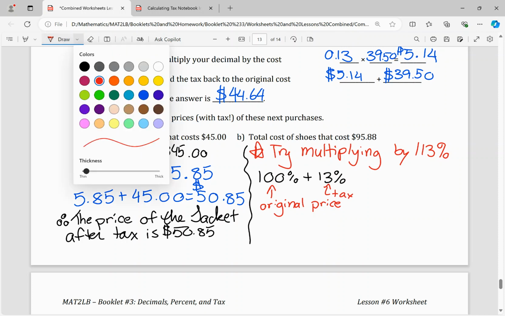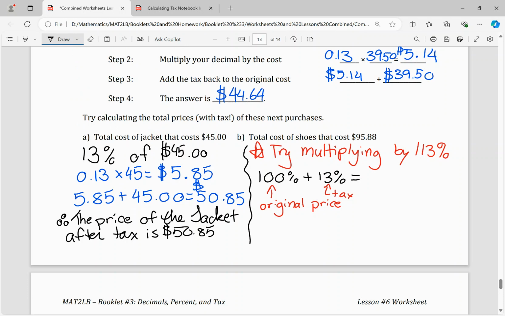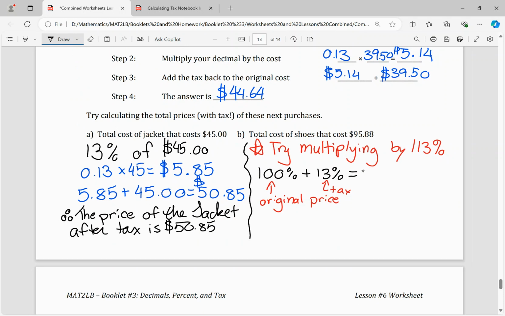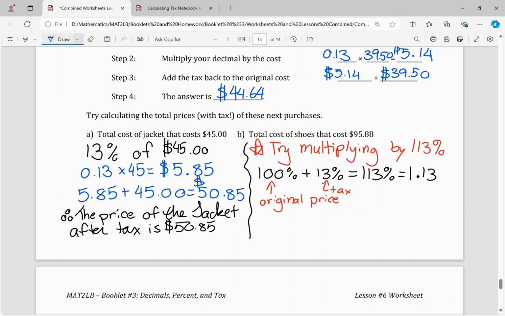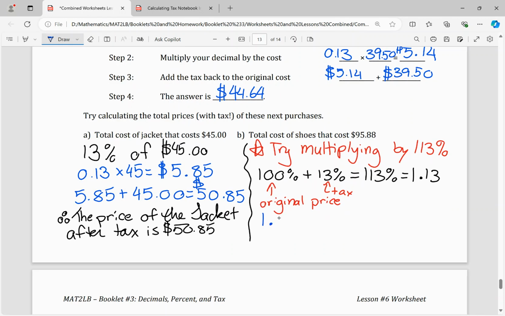So if I wanted to calculate both at the same time, I would say 100% for the product itself, 13% extra, that is 113%, or 1.13 if I wanted to write that in decimal form. Now, everything I've written so far is just me explaining. What you need to write down is in blue. 1.13 times 95.88.